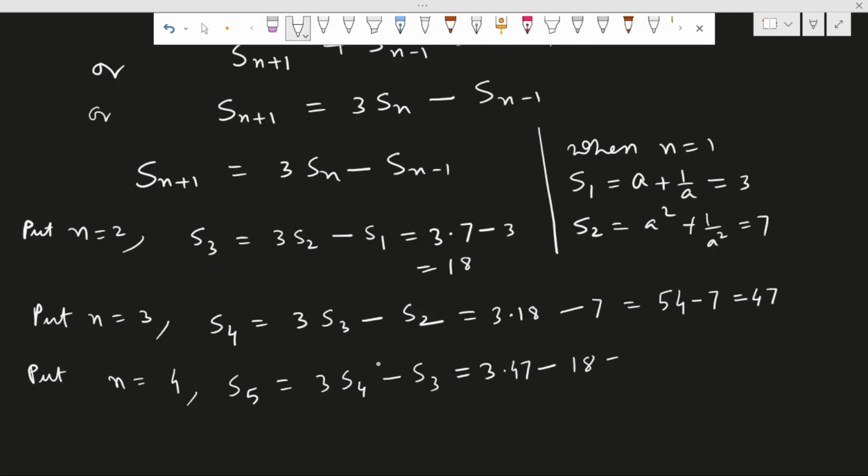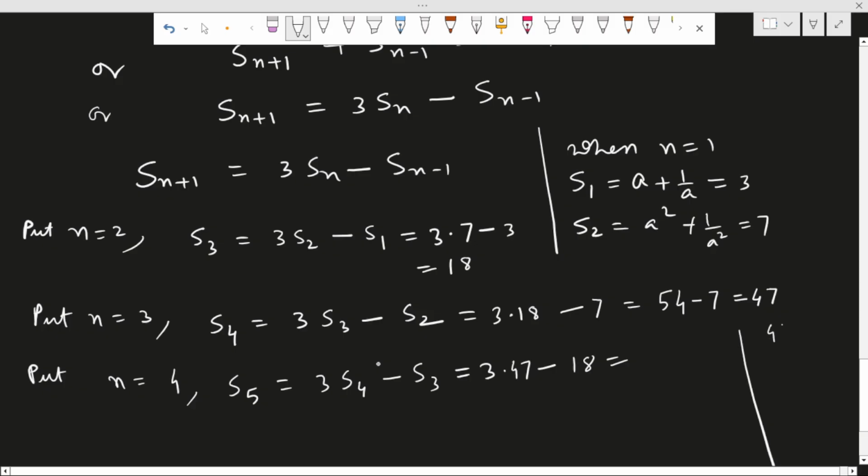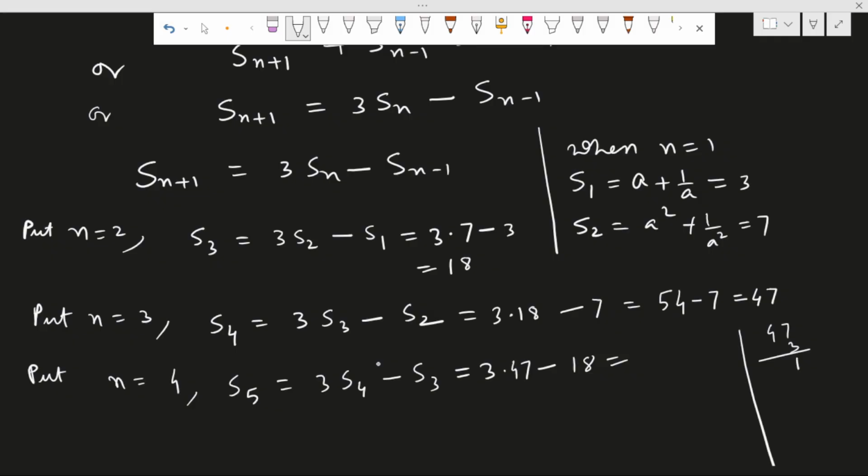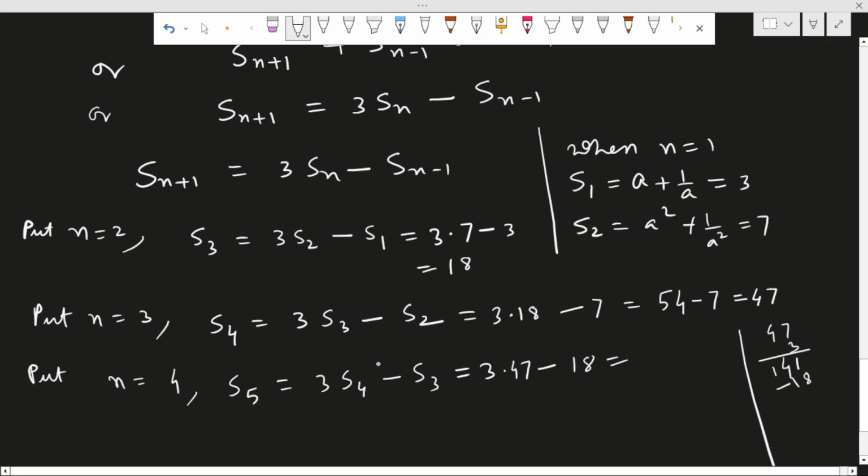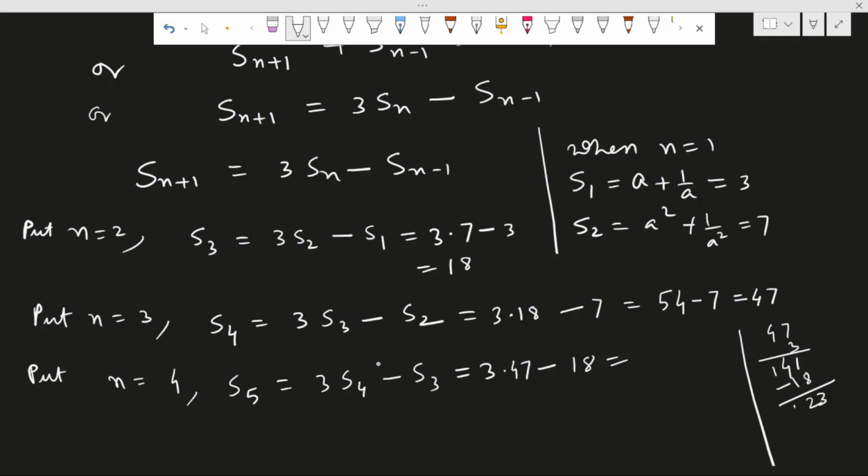We are doing rough work, 47 into 3 is 141, minus 18, that is equal to 123.